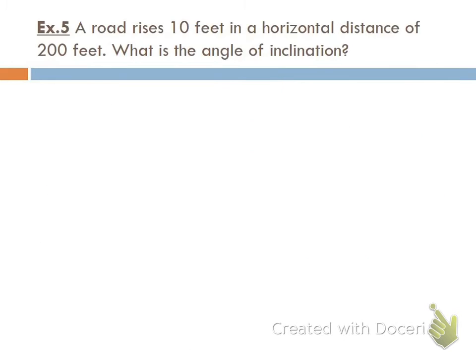Okay, we've got one more. A road rises 10 feet in a horizontal distance of 200 feet. What is the angle of inclination? A picture is helpful. If the road is rising 10 feet, that's a vertical distance.